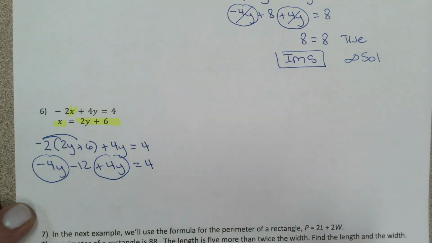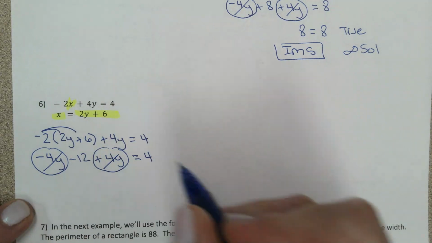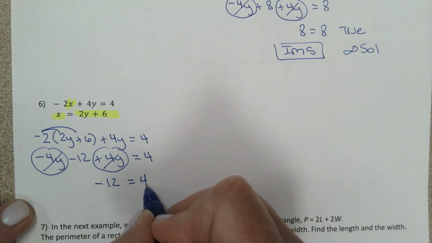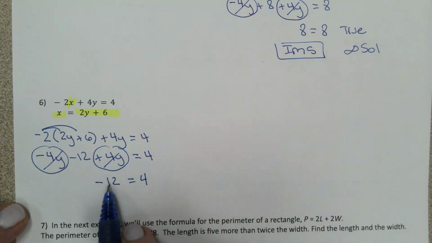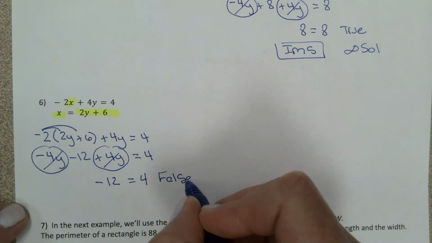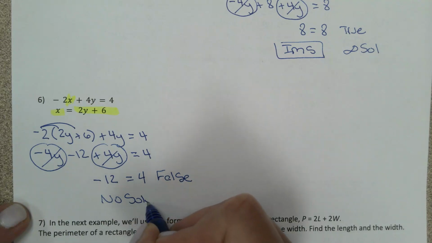I'm going to combine like terms. So negative 4y plus 4y equals 0. So now I'm left with negative 12 equals 4. So when your variables cancel and you are left with a false statement, this is what no solution looks like.